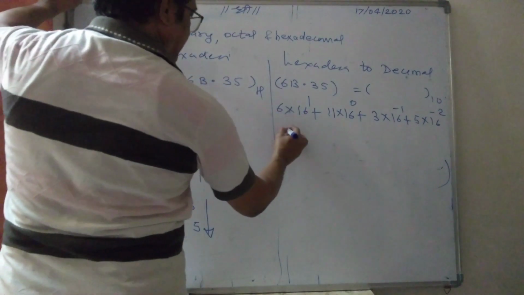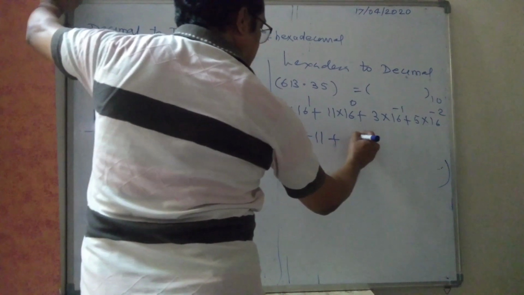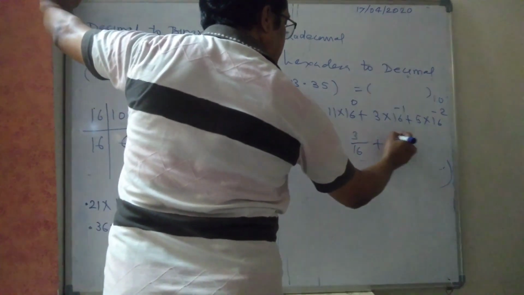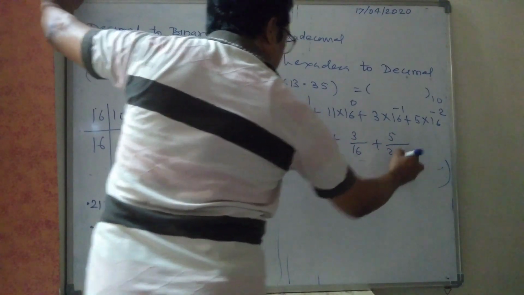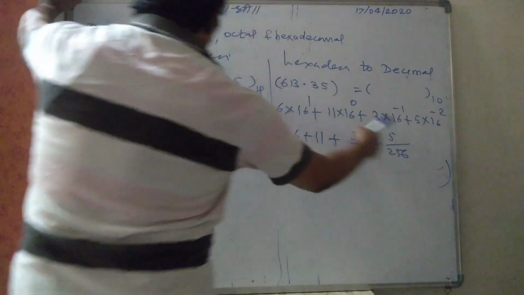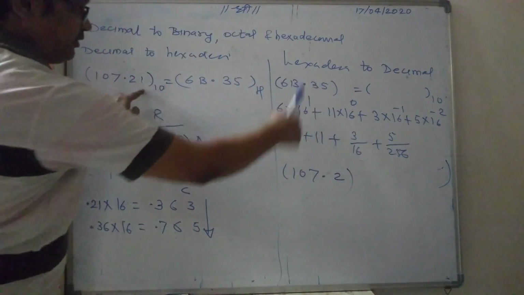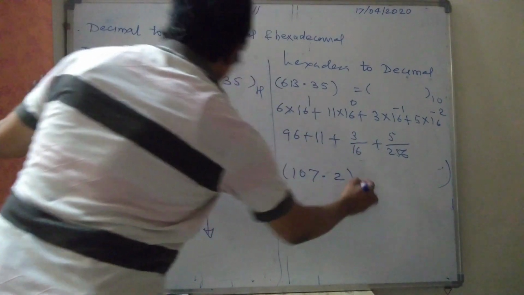So 16 into 6 is 96, plus 16 raised to 0 is 1, 11, which gives 107. Point: plus 3 by 16 plus 5 by 256. This will be approximately 0.20, not exactly 0.20.